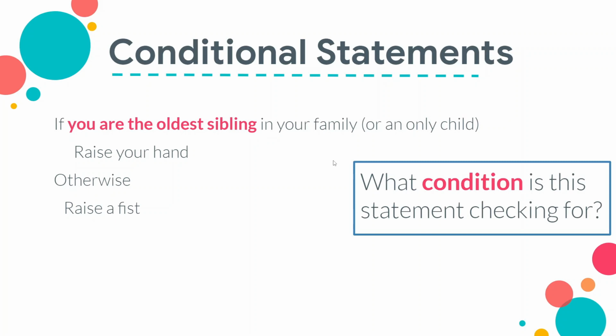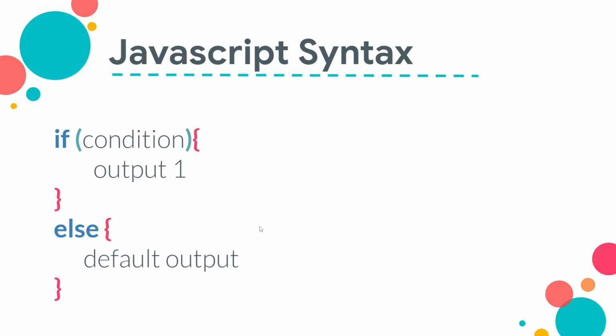If I ask what condition the statement is checking for, the condition is checking for who is the oldest sibling and who isn't. Everybody else, the middle child and the last child, falls within the other group.